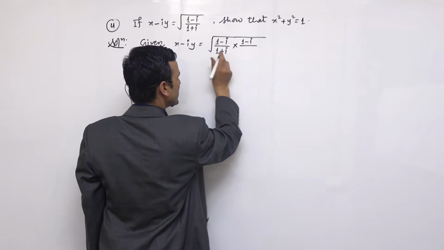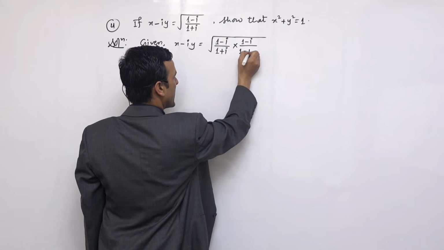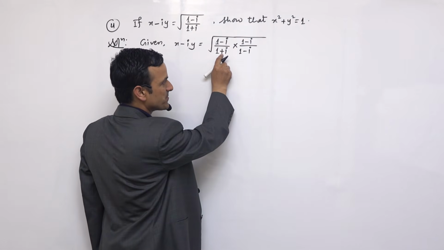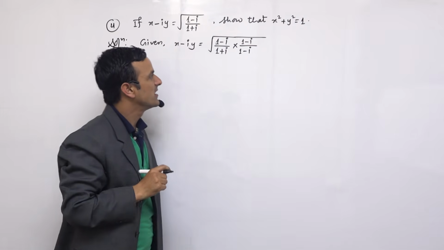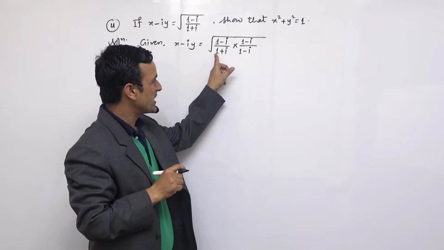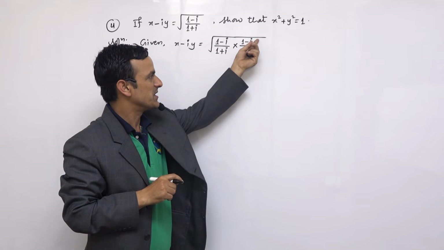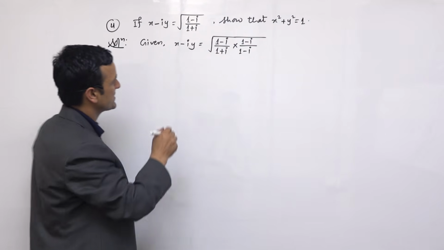So we can take this term 1 minus i and 1 minus i. Take the opposite sign of this plus, so it will be minus. So the conjugate of 1 plus i is 1 minus i, and repeating the same number over here, 1 minus i.